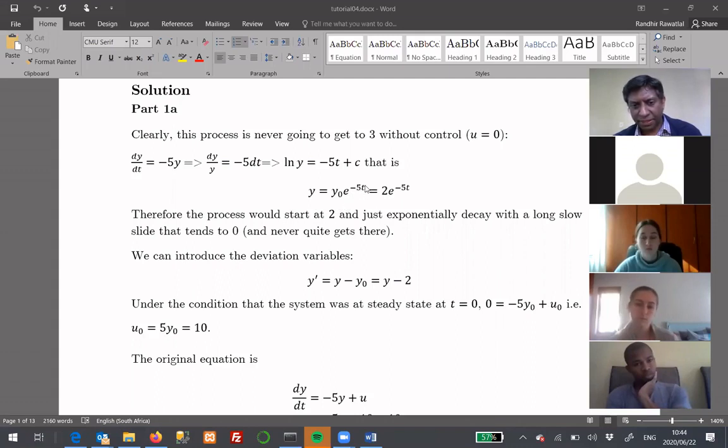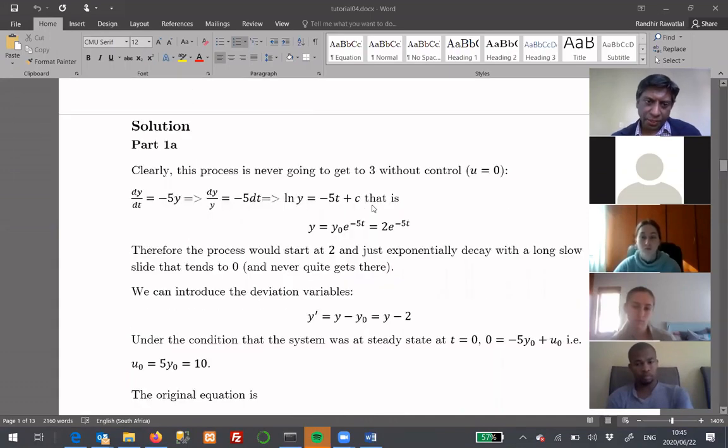So that means as t goes to infinity, this term will get closer and closer to 0. And so left on its own, this process is just going to zero out, right? It's just going to start from whatever initial value it started from. In this case, it was a 2, and it will just slowly die out.